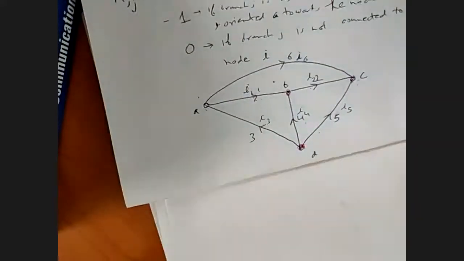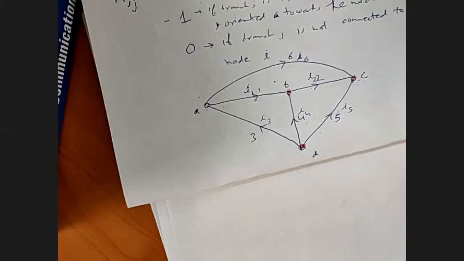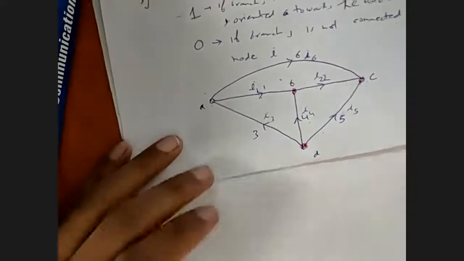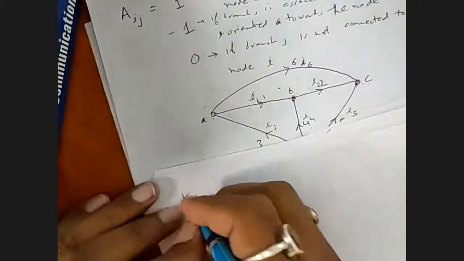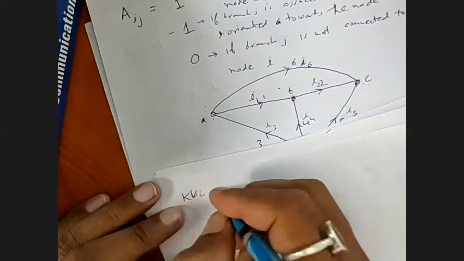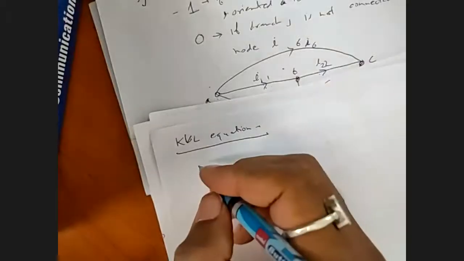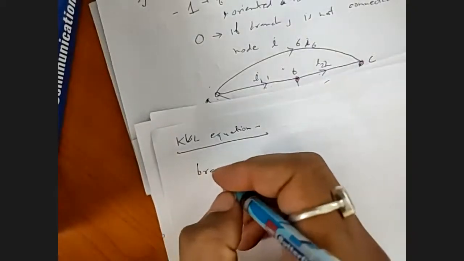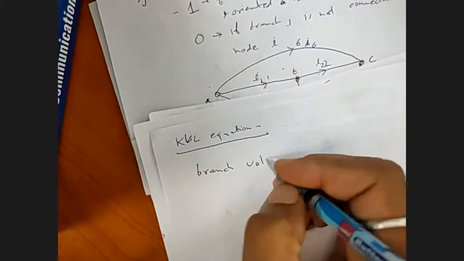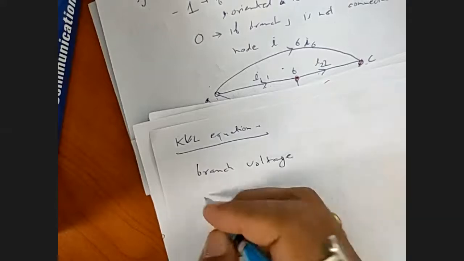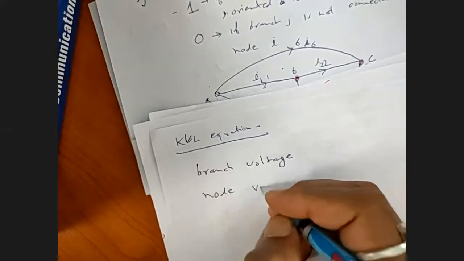Now, how to find the KVL equation? For the KVL equation, we have to define branch voltage and node voltage.